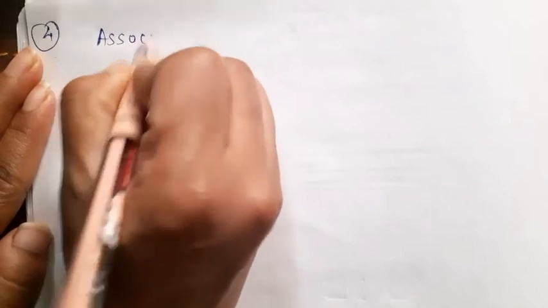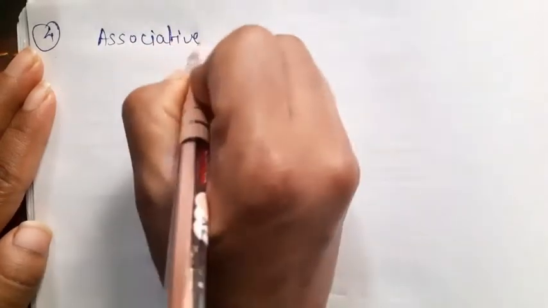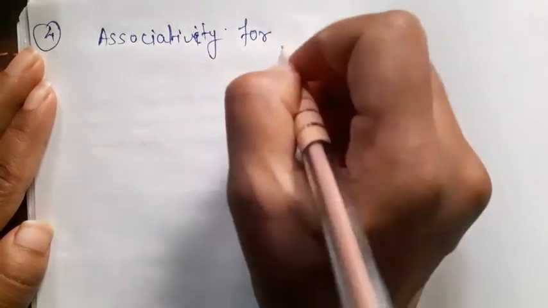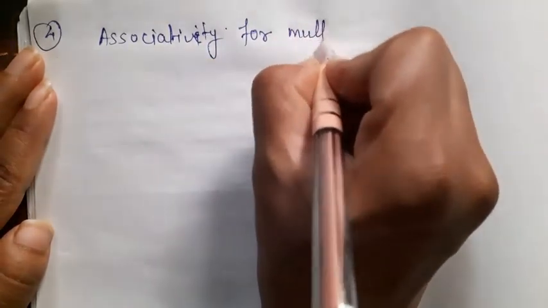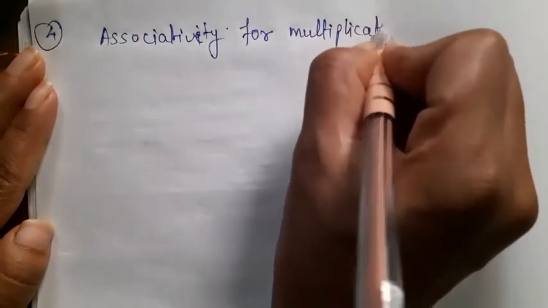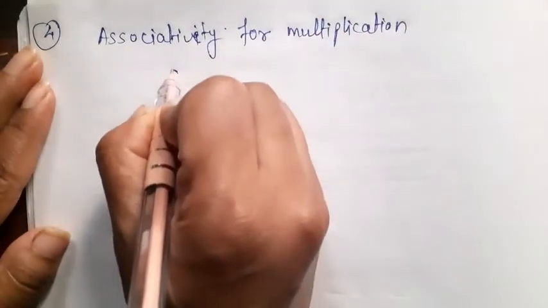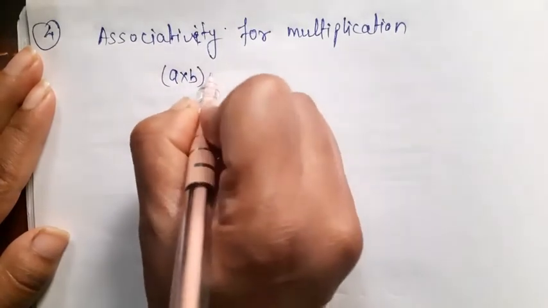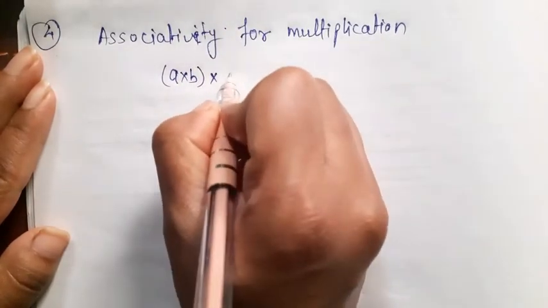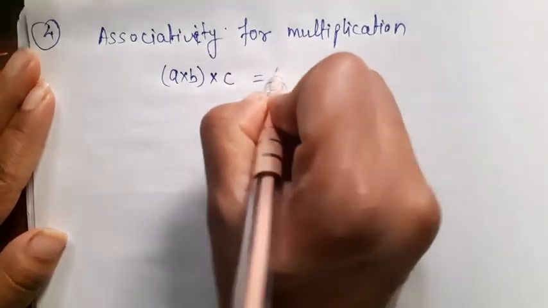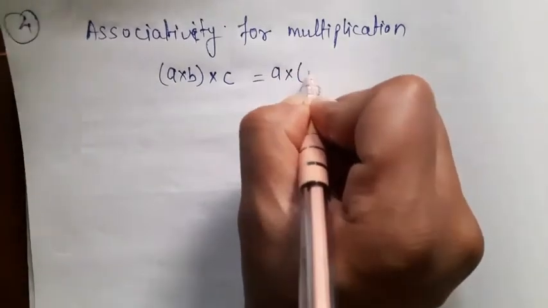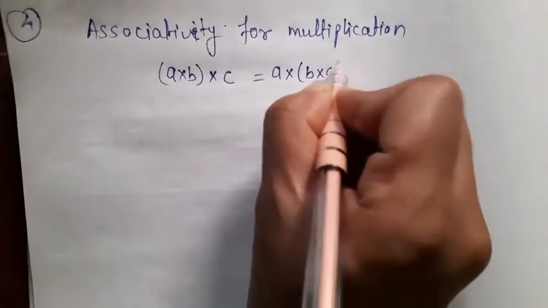Now next is the associative property for multiplication. In this property, if we have a multiplied by b in brackets and then multiplied by c, this value is equal to a multiplied by b into c in brackets.